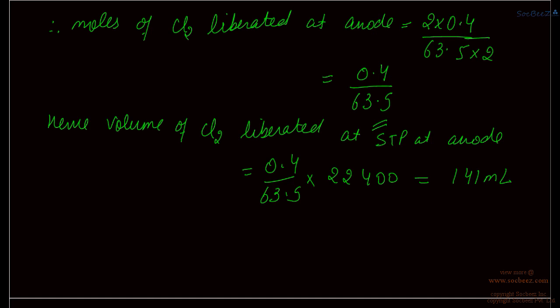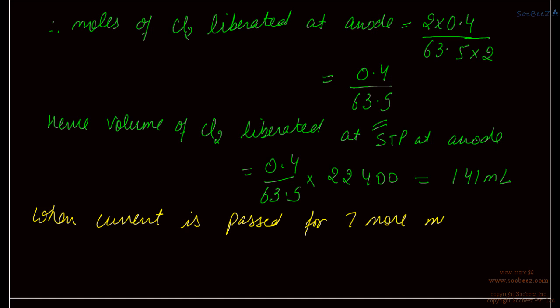Now in the second part of electrolysis, when current is passed for 7 more minutes, the H plus will be reduced at cathode, since Cu2 positive ions are discharged completely, and OH negative ions are oxidized at anode, since Cl negative is also completely oxidized.